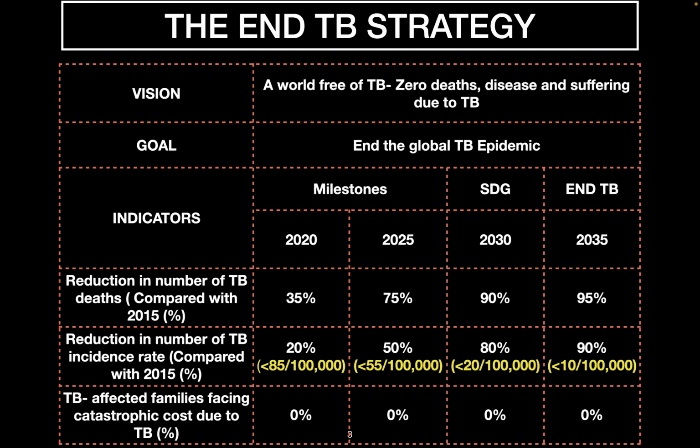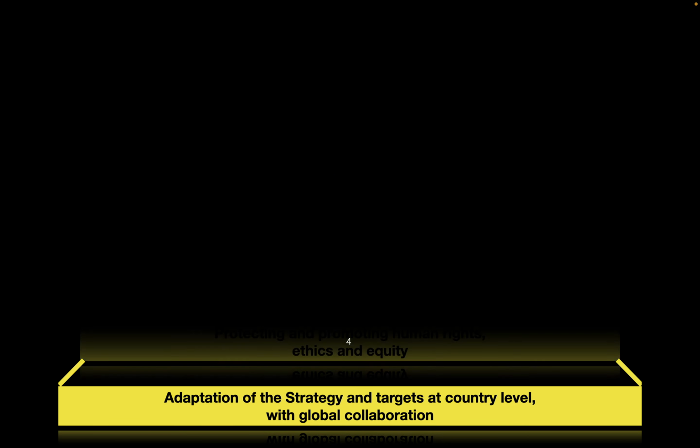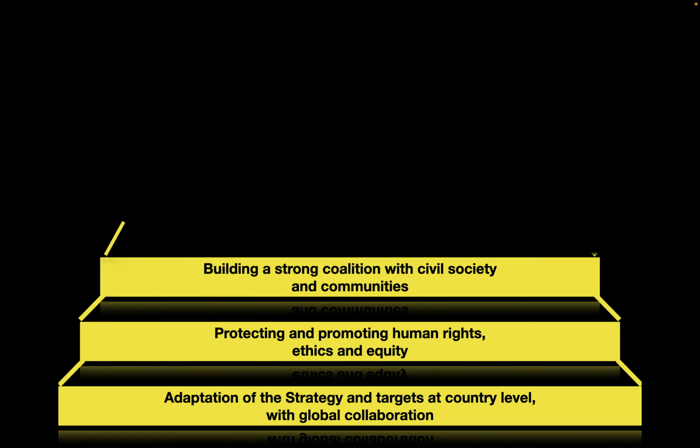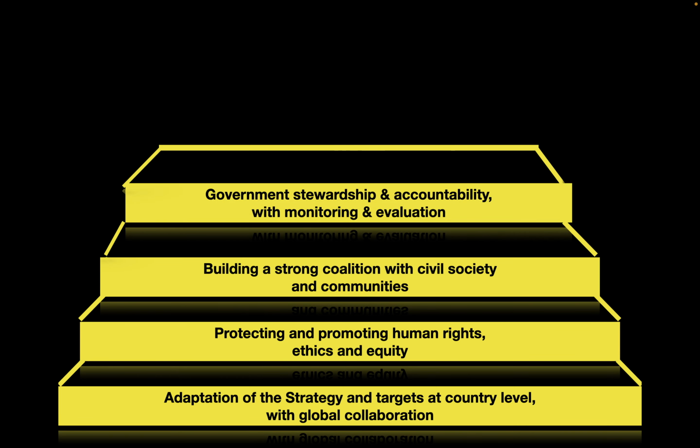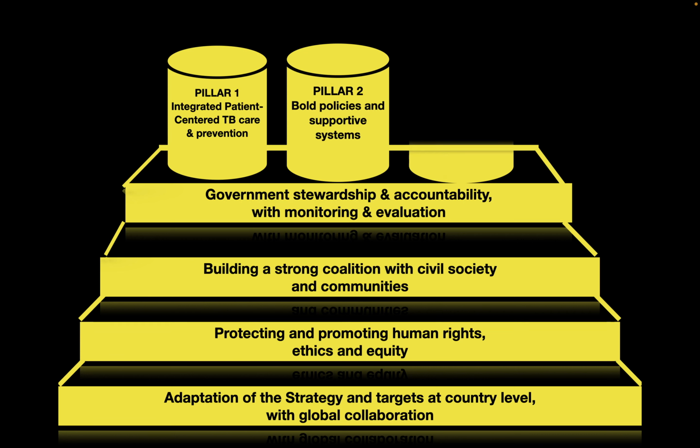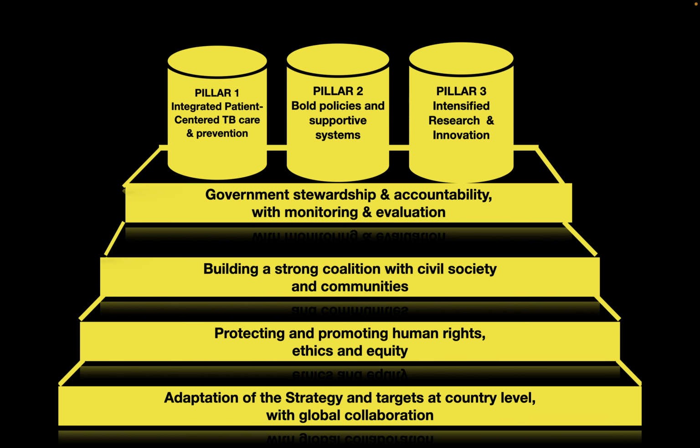Now these are the numbers which we need to accomplish. Every country has to move accordingly. Now just see, there are certain pillars which have been framed. One of the important strategies is that every country should have a strategy and targets at the country level.